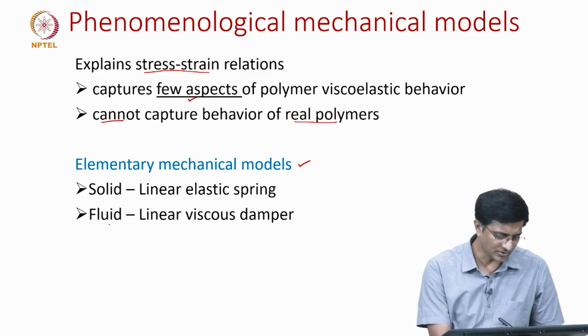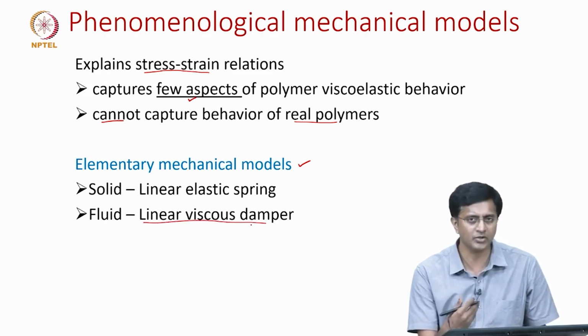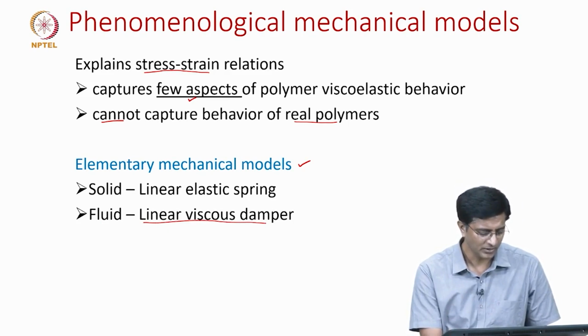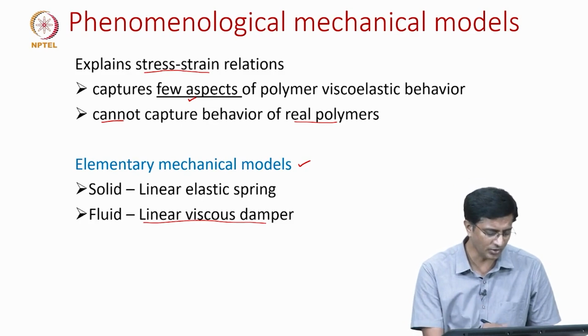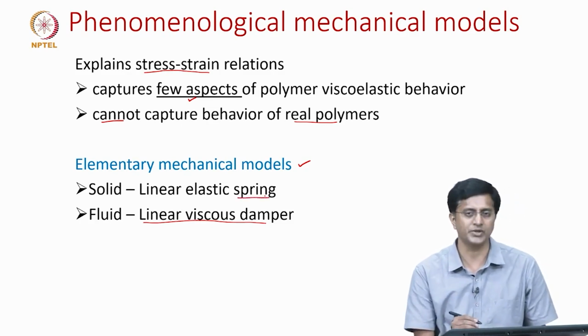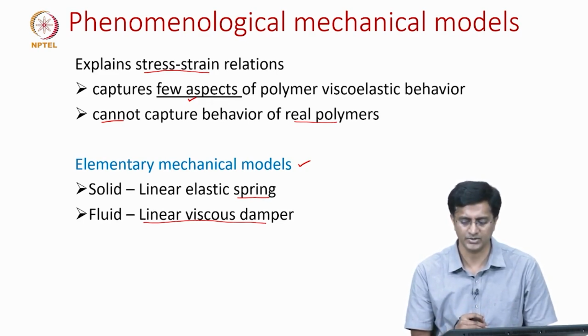To describe the viscous behavior, we use linear viscous dampers. Since we are talking about linear viscoelasticity, we focus only on the linear viscous damper to describe the fluid behavior, and for the solid behavior we focus on the linear elastic spring. In the following slides we will see how this spring and damper can be used to describe the viscoelastic behavior of at least simple polymers.